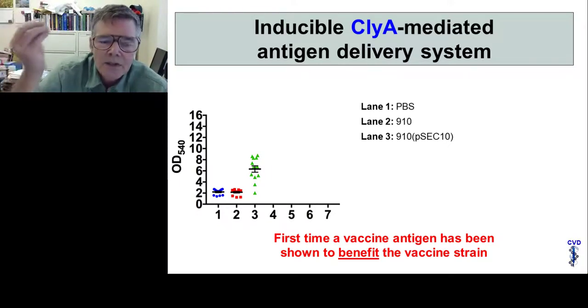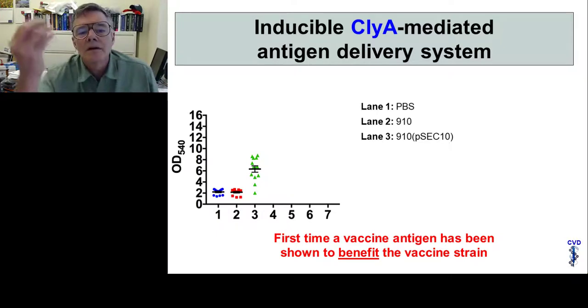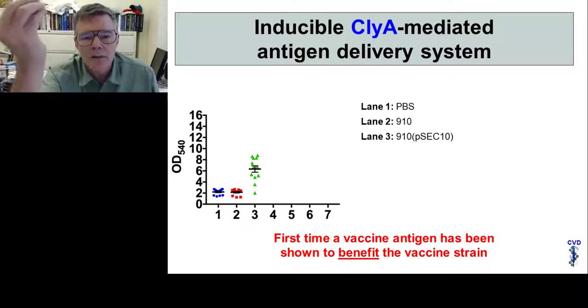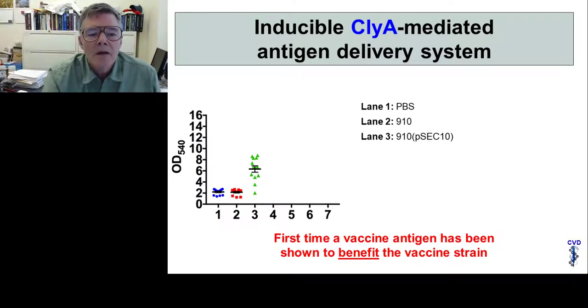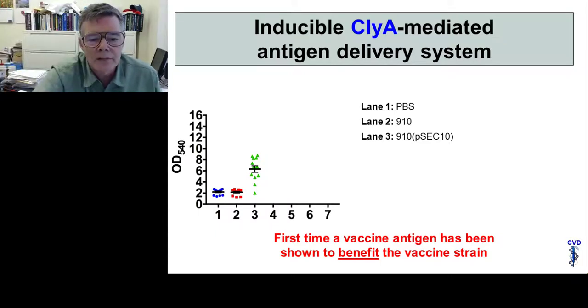So what we did here was we wanted to find out if we use Cli-A as an outer membrane vesicle system, inducing outer membrane vesicles, will the hemolytic activity of those Cli-A vesicles go up in various backgrounds, which I'll explain in a minute.